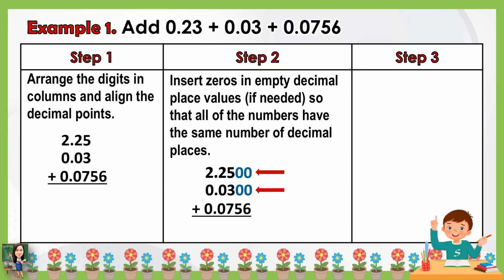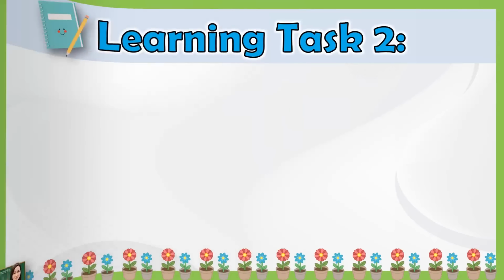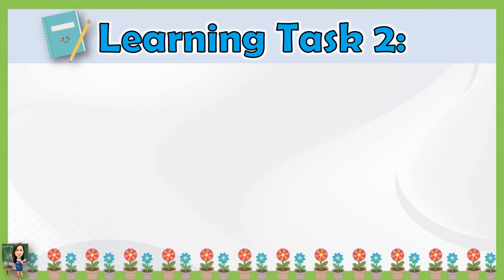Now, all the numbers have the same number of decimal places. And for step 3, add or subtract as with whole numbers. Let's add the decimals. The answer is 2 and 3,556 10,000ths.